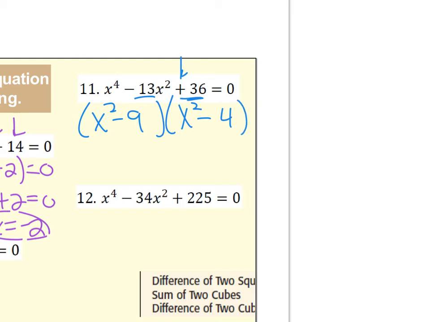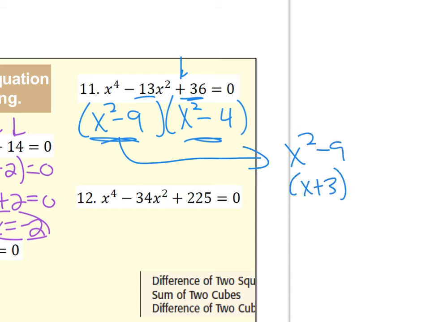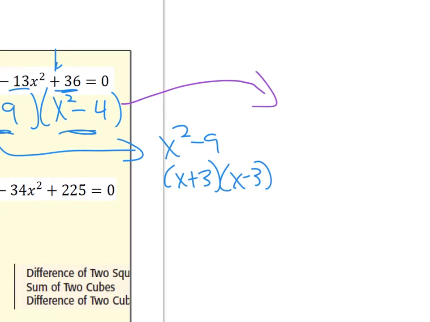Ooh, this is going to be interesting because both of these are a difference of 2 squares. So for this one, x squared minus 9 can become x plus 3 and x minus 3. And let me change color here. X squared minus 4 can be rewritten as x plus 2 and x minus 2.